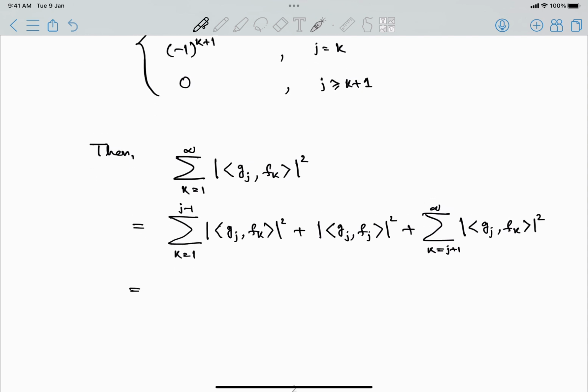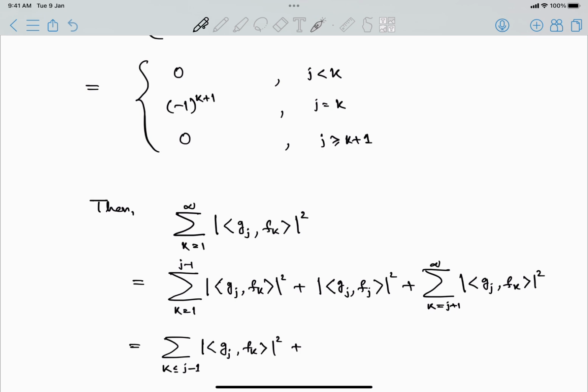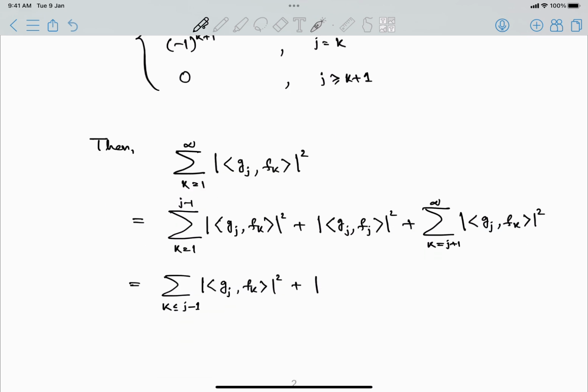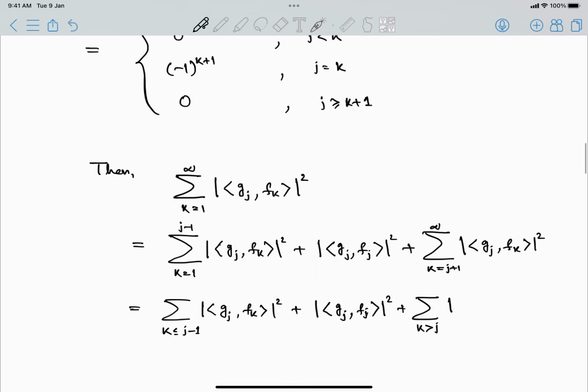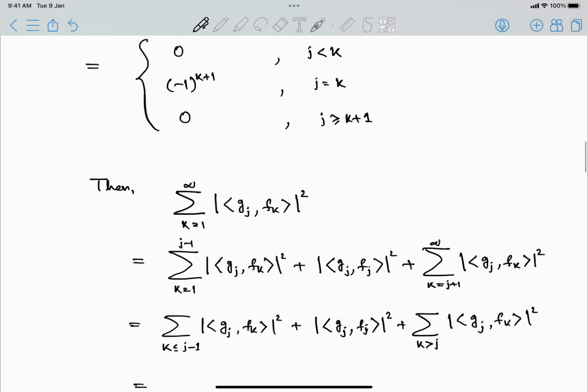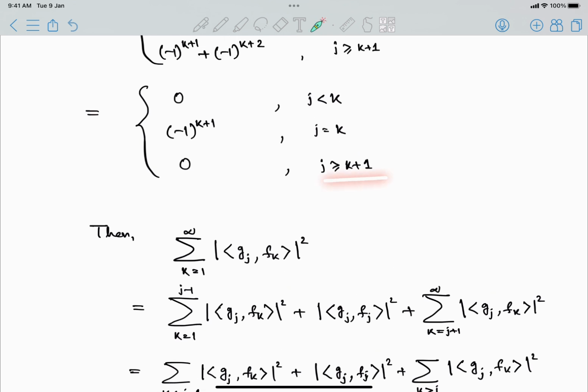So the first sum, for k less than j, is 0.